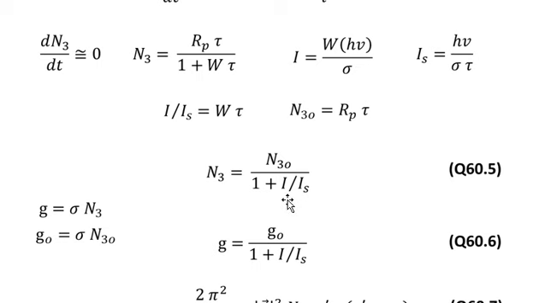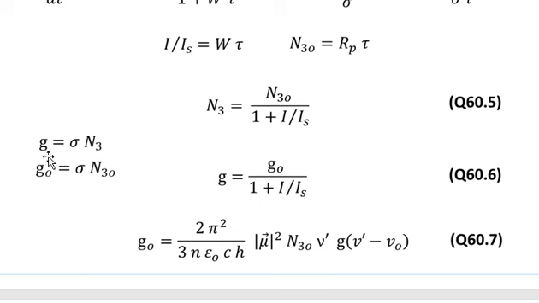But you see that if you introduce the gain coefficient G, it is equal to sigma times N3, because the population of N2 is 0 in this case. In a 4-level system, the population of level N2 stays approximately 0. So we have G, the gain coefficient, equal to sigma times N3.